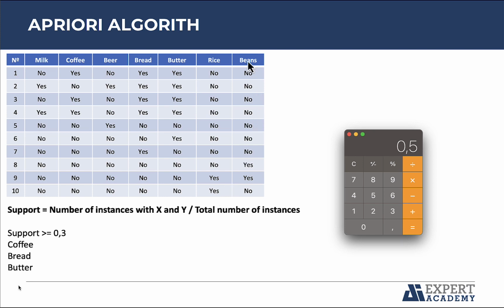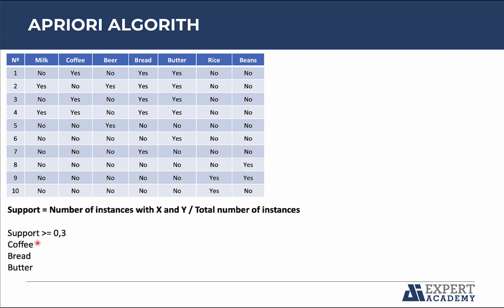And finally, beans was bought only twice, so the support is lower than the minimum value. We can conclude that the products that the support is equal or greater to 0.3 are coffee, bread, and butter. So we can select only them, since let's suppose that we want to generate the rules only for the products that appear in 30% of the transactions.